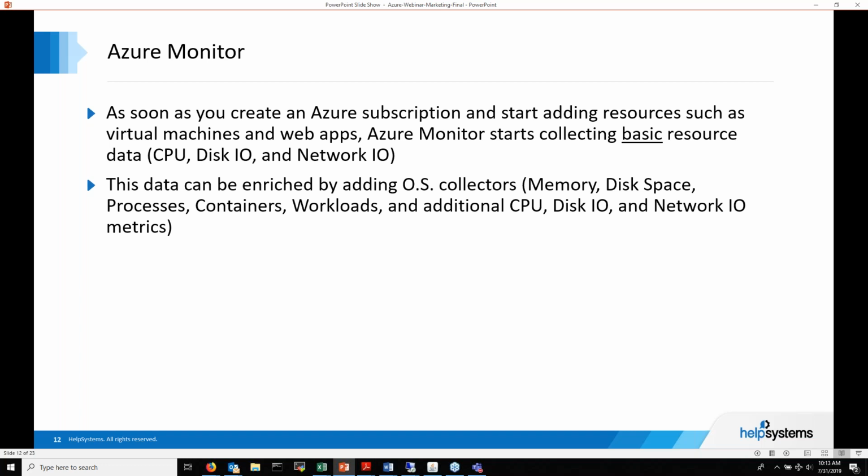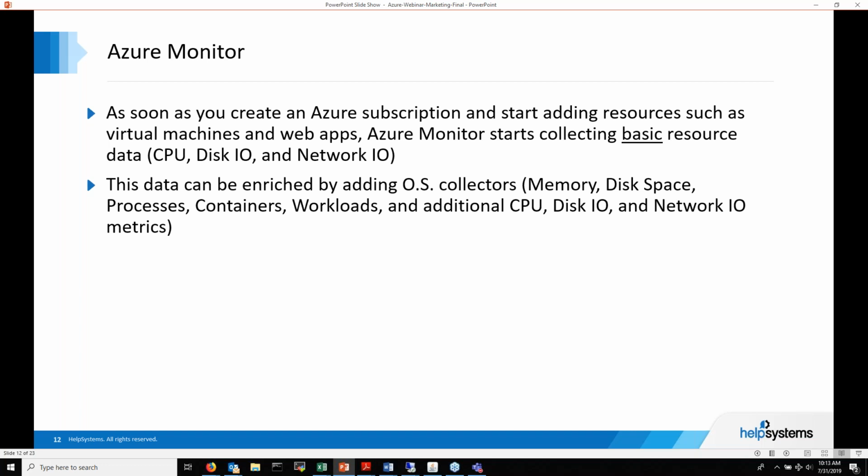We believe that it's extremely important, based on those previous two slides that we saw, to be able to understand what's going on in all parts of the stack. And we're not getting that from just Azure Monitor by itself, although that's, again, a good place to start. We want to augment that with additional data and enrich that data with additional collection around memory, around disk space. We want to know what containers are running.